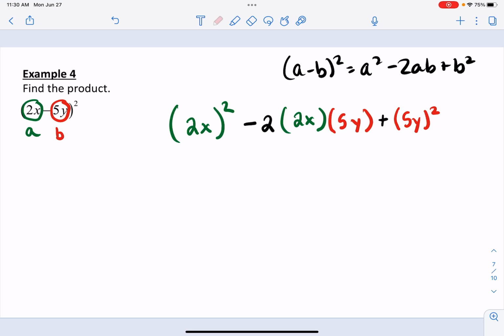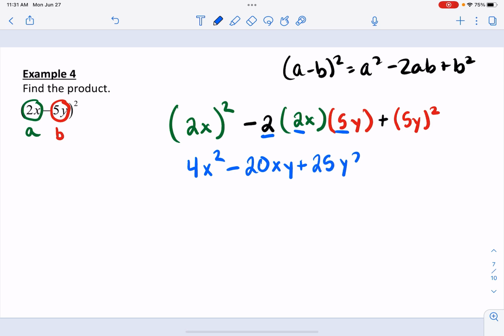So now I go through and I simplify. 2 squared is 4. x times x is x squared. Again, just multiply the 2 times the 2 times the 5. So I have 4 times 5, that's 20xy plus 5 squared is 25, and a y squared.